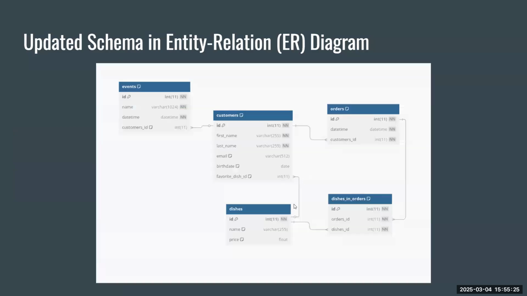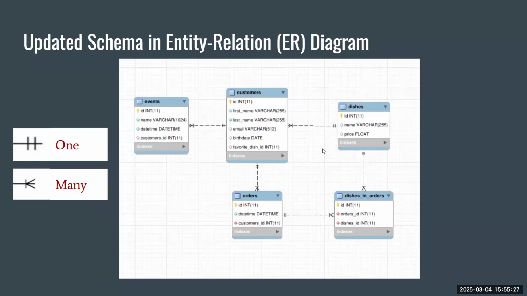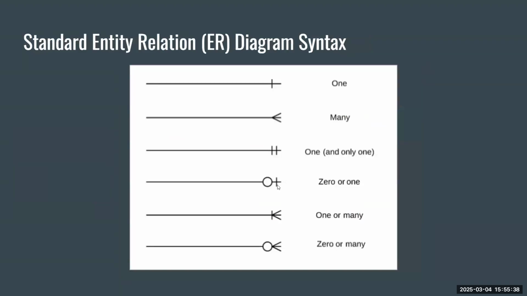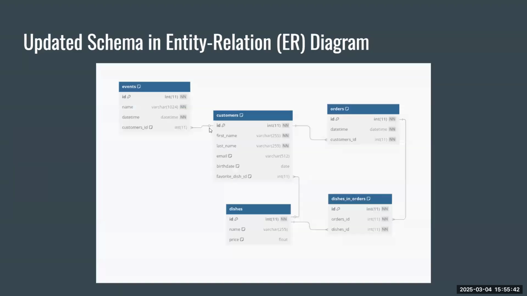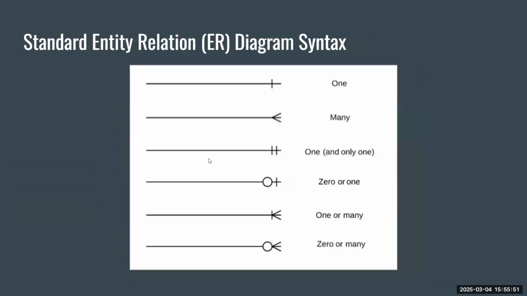But with the optional fields, the MySQL Workbench version of the ER diagram generator does not indicate optional fields. So 0 or 1 is supposed to be a circle with a line, and ER diagram, even my favorite one, does not fully capture that. So I don't know if any ER diagram tools adhere to this 100% or not. I don't know.